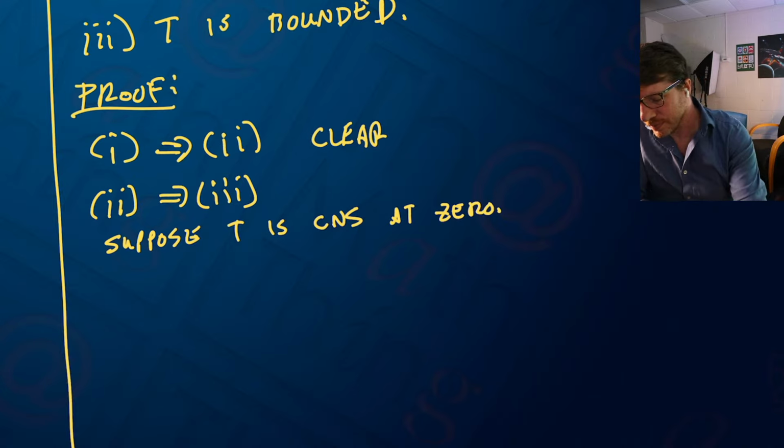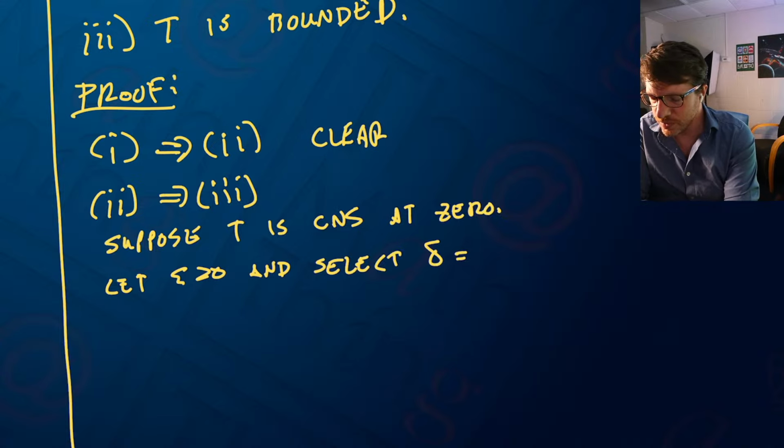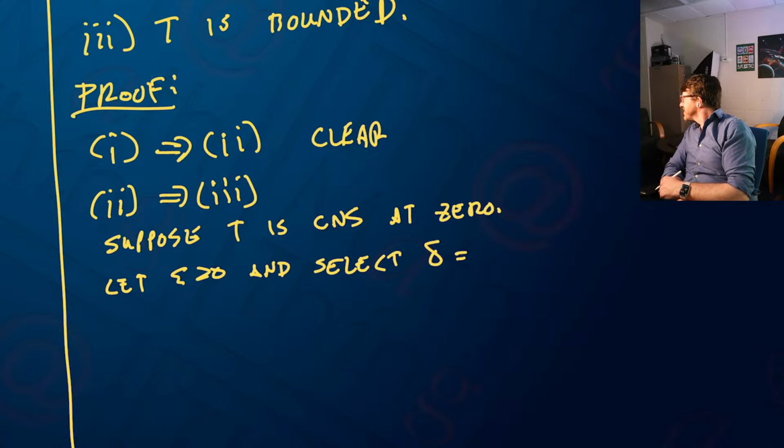And so what we're going to do then is we're going to let epsilon be greater than 0 and select delta to be equal to... it was like 1 over epsilon, or sorry, why did I choose? Sorry, it's like I wrote it down on the board. Let's see.